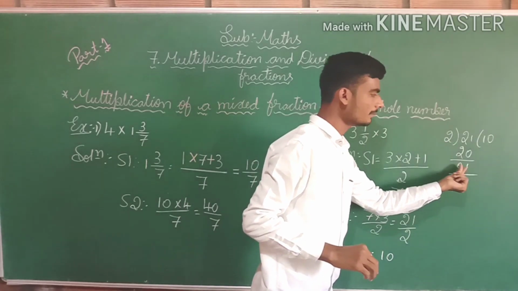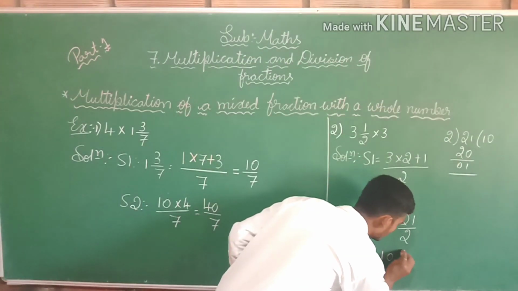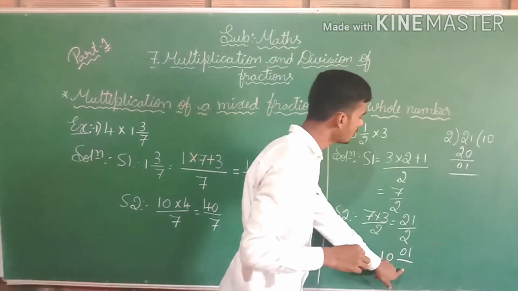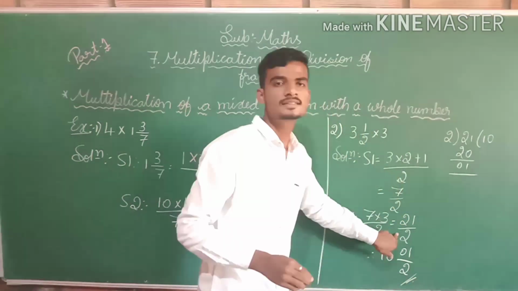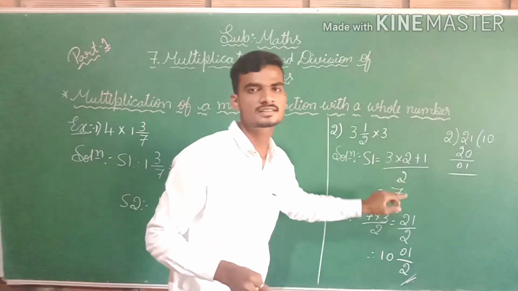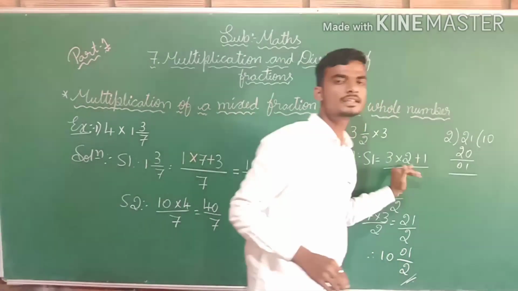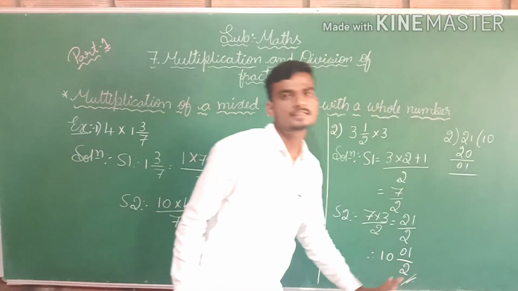Then the remainder as the numerator. Then divided by what will you write here? The denominator. The denominator must be the same for all the steps. What they have given here, we have to follow the same denominator up to the final answer.